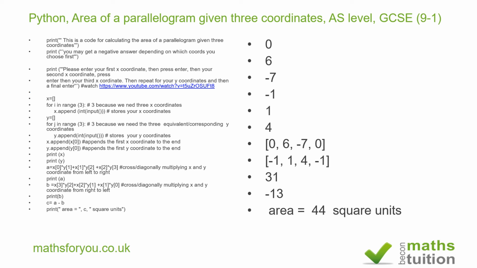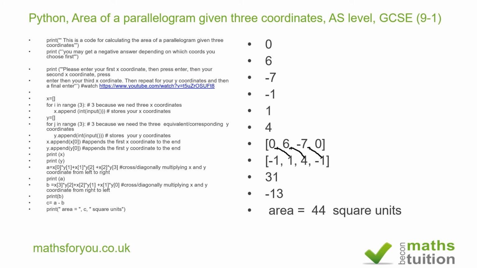Now you append, this will be this one here. You append this bit there for X, and you append this list there. So really, this is your X list, and this is your Y list. Okay, so now you multiply that by that, that by that, that by that.